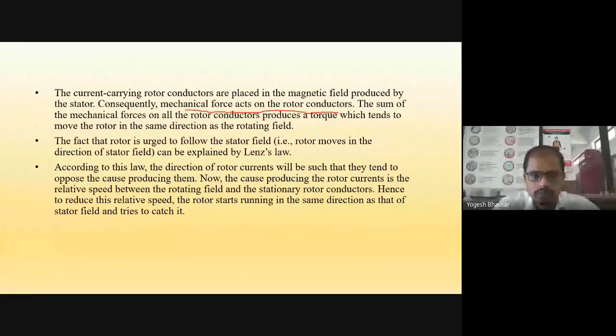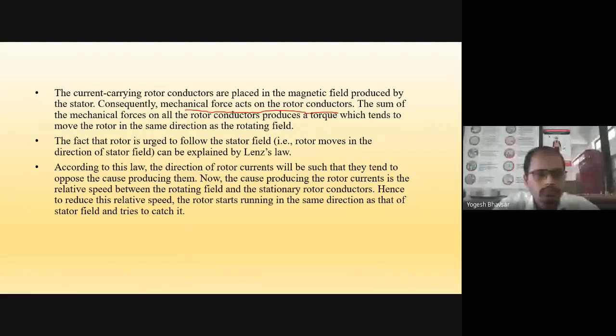As we know, whenever a current carrying conductor is placed in a magnetic field, it experiences a force. This happens due to the interaction between the magnetic field produced by a current carrying conductor and the magnetic field produced by the electromagnets. So there will be two magnetic fields, so there will be a force of attraction or repulsion. That's why a uniform torque is developed and the rotor tries to move in a certain direction.